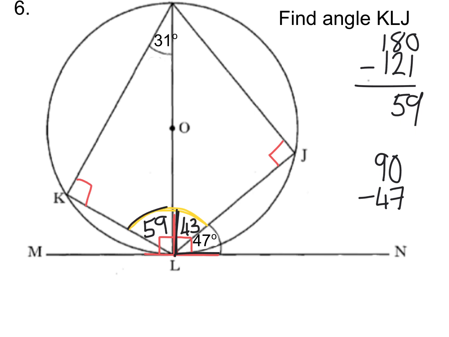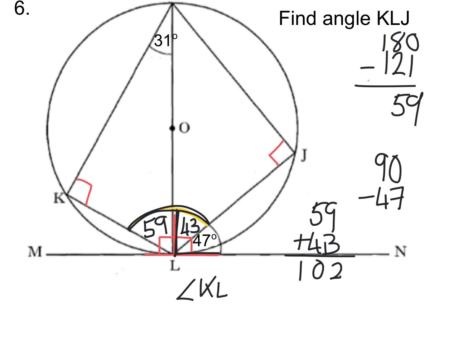So the combined angle which we are after is 59 plus 43, and if you add them together, that gives you 102. So to conclude the question, angle KLJ equals 102 degrees. Okay, so that's just another wee twist, and we've actually to add two angles together.